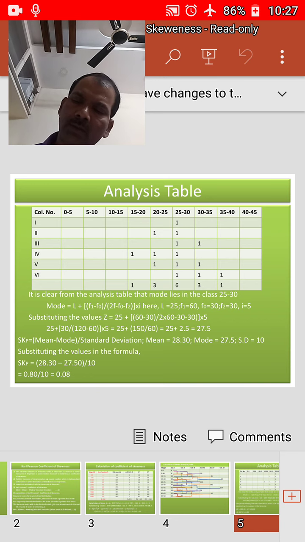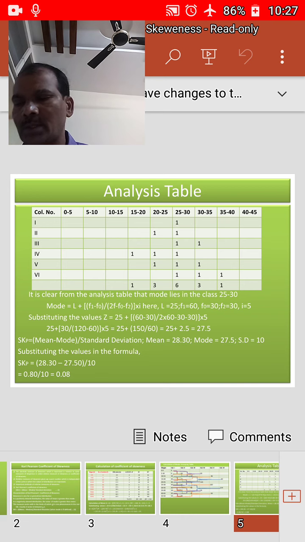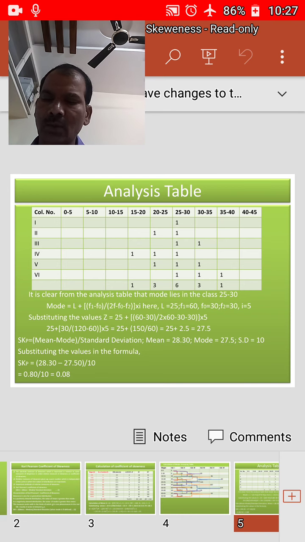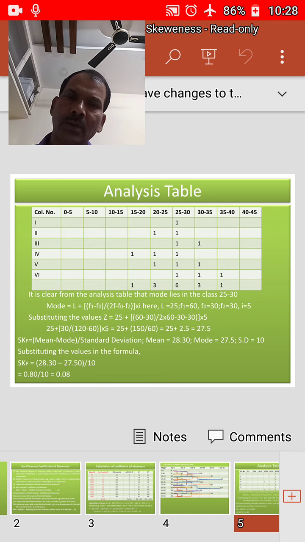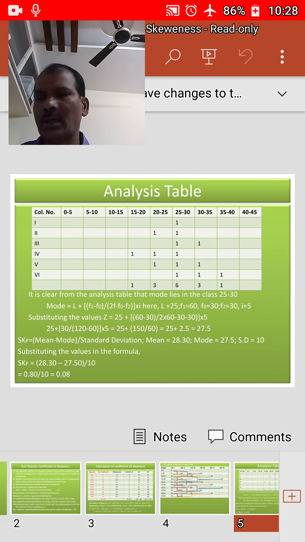Substituting these values in the formula, you will get SKP is equal to 28.30 minus 27.50 by 10.10, that is 0.80 by 10 is nothing but 0.08. With this we know that the distribution is positively skewed with a very little degree of skewness, right?